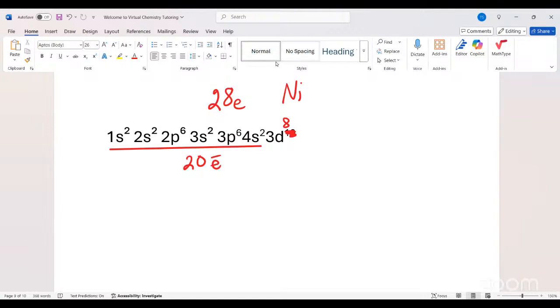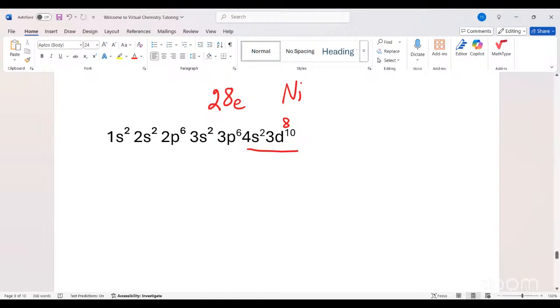Okay? Now, remember I said there are exceptions to the rules. Who can tell me what those two elements are? If you can remember, write that in the chat box. Which elements are the exceptions to the half-filled energy rule right here? Yes, good job, Tabby. Copper and chromium. So let's go ahead and look at that.